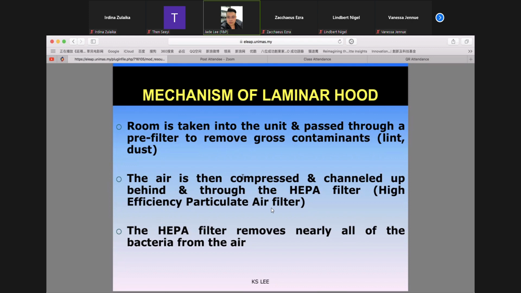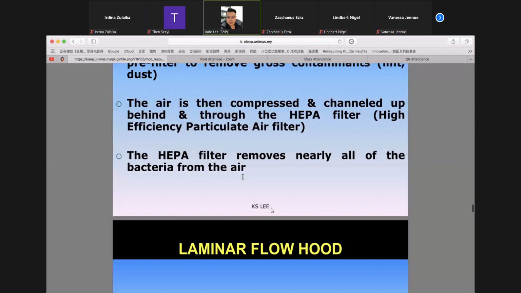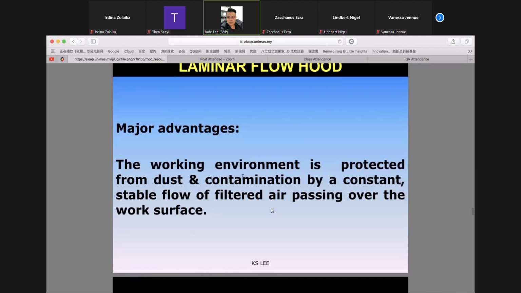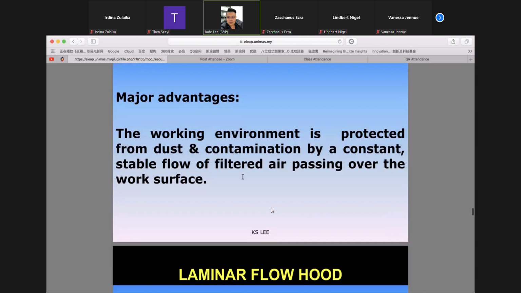The HEPA filter then removes nearly all the bacteria from the air. And what is a major advantage? Of course, the working environment is protected from dust and contamination by the constant and stable flow of filtered air passing over the work surface. Okay, work surface.